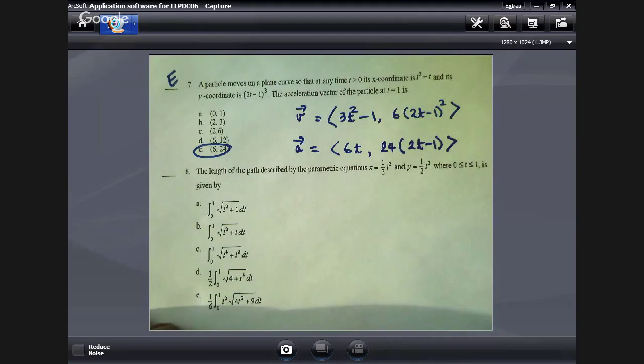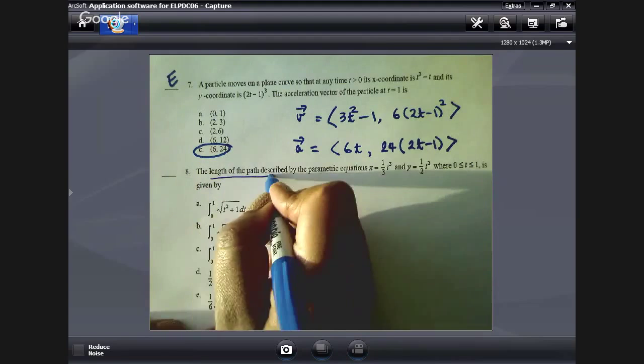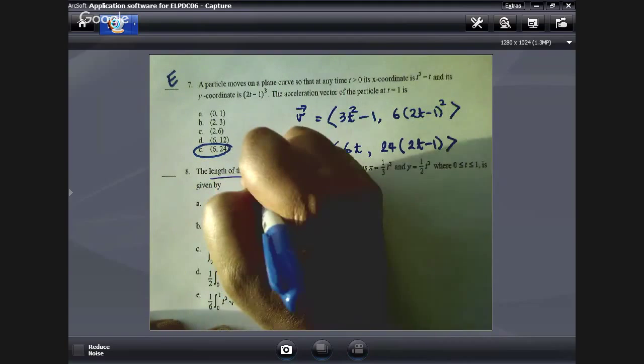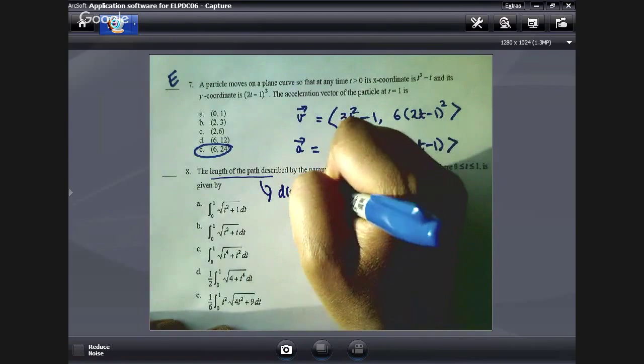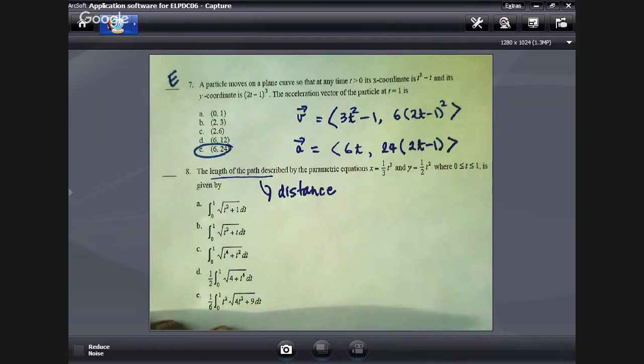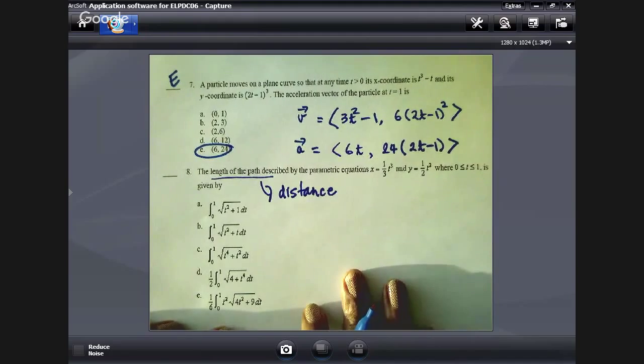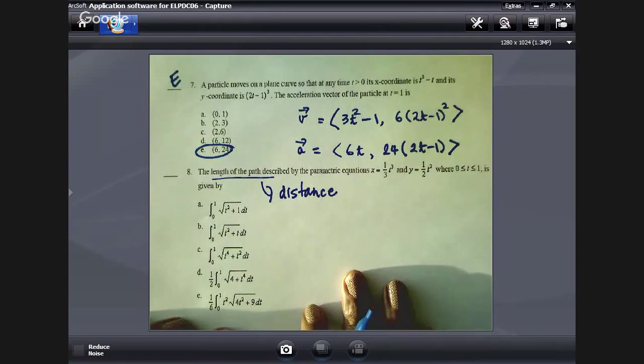And number 8, the length of the path. The length of the path, that again is the same as distance. If a particle was moving along that path, the length would be the same as distance traveled.